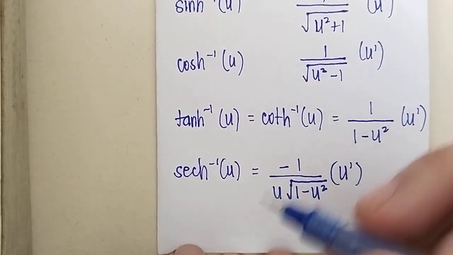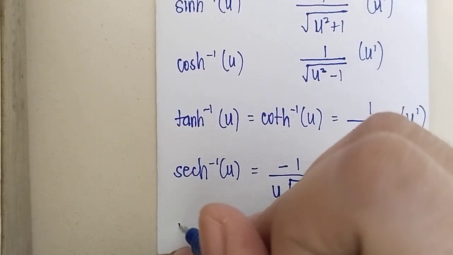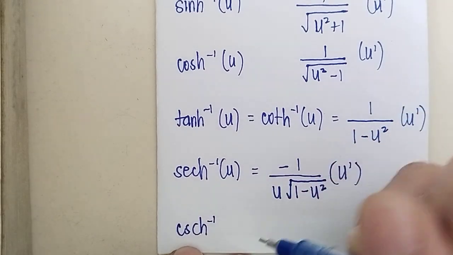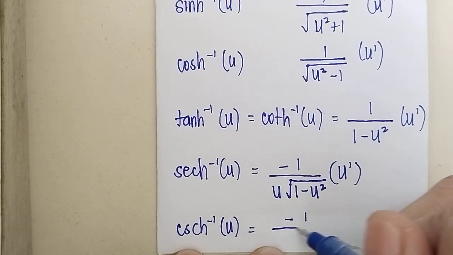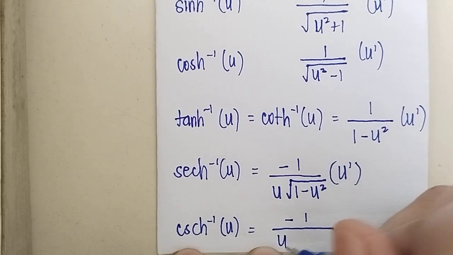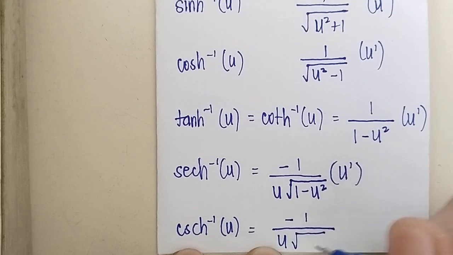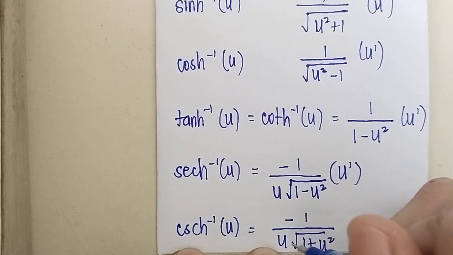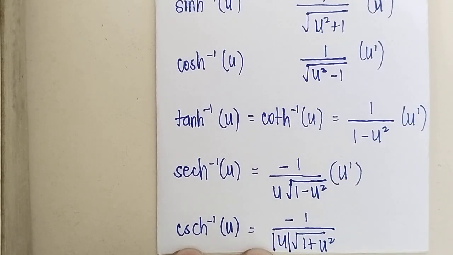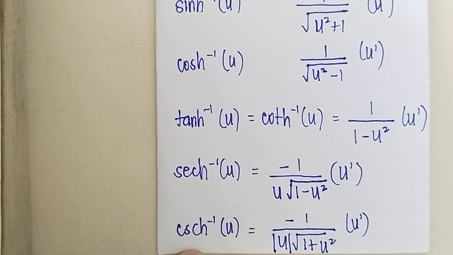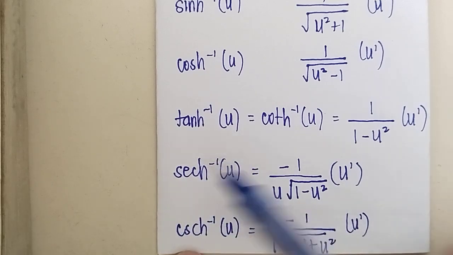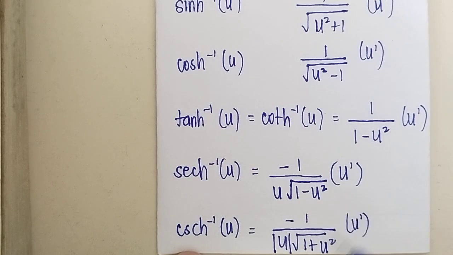Then the inverse hyperbolic cosecant of u will be similar: negative 1 over u, then the square root of 1 plus u squared. This is actually in absolute value, but you can write it like that. And then the u prime. The difference is that the inverse hyperbolic secant has 1 minus u squared, while this one has 1 plus u squared.